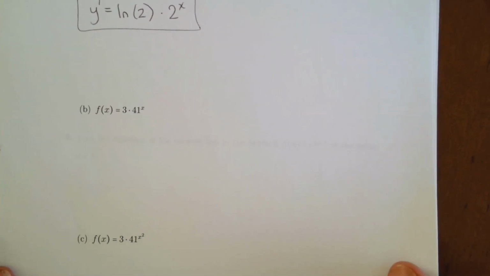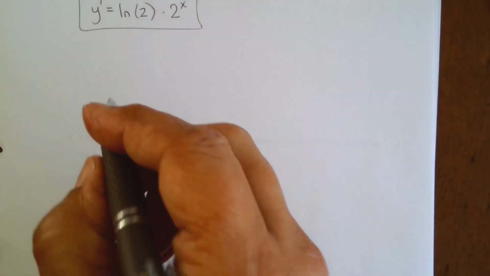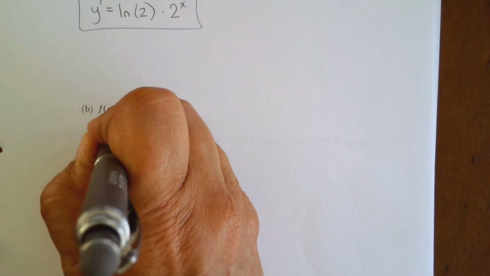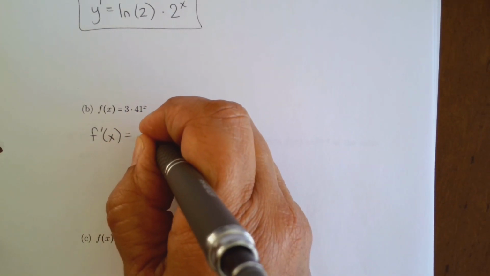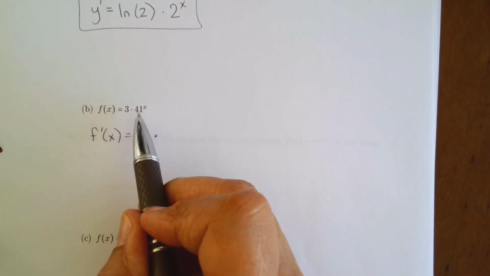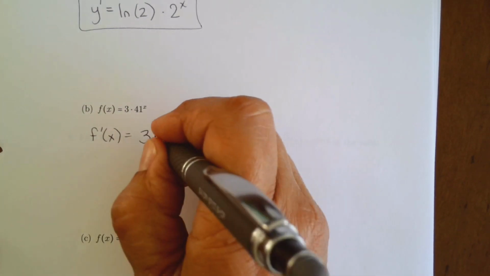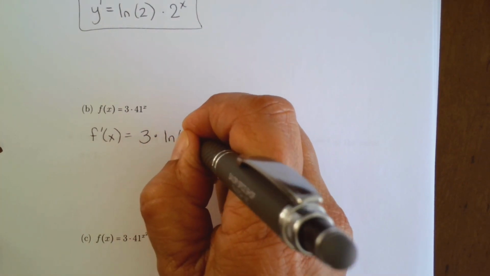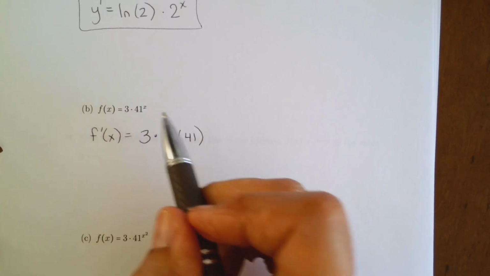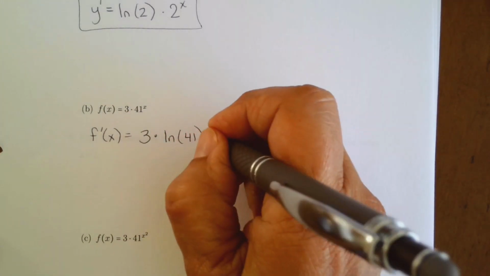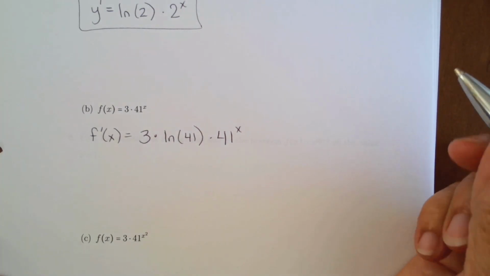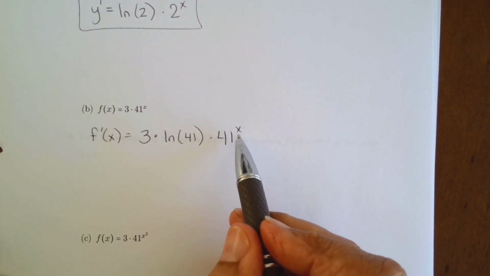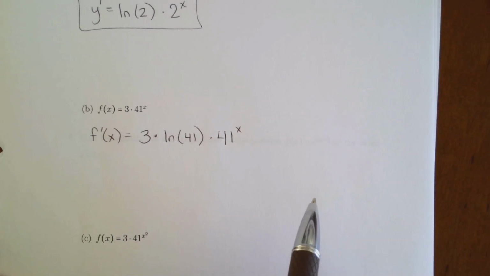All right. Part B, constant times an exponential. If it's a constant, it's part of your answer. So 3 times. Now this is not e, so we're going to start with the natural log of 41. Got to have the natural log of the base. Then the derivative of the exponential function is the exponential function, and then times the derivative of the exponent, which is just 1.